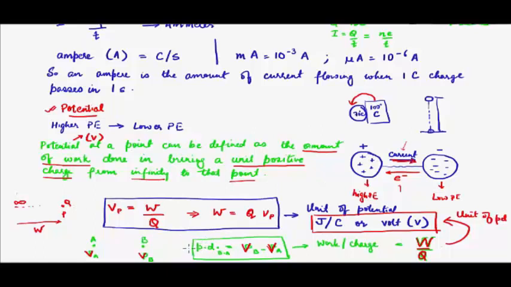Then finally we discussed what is potential difference, PD. So this gives us a backbone for the further discussion on current electricity and electricity in general. Next class we'll start discussing resistance and the different aspects of it.